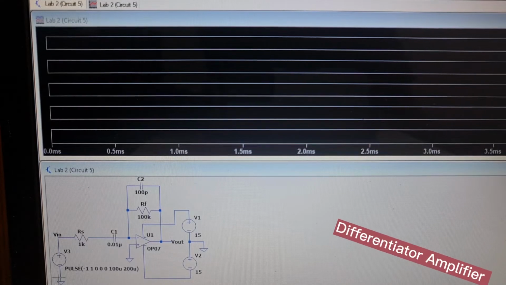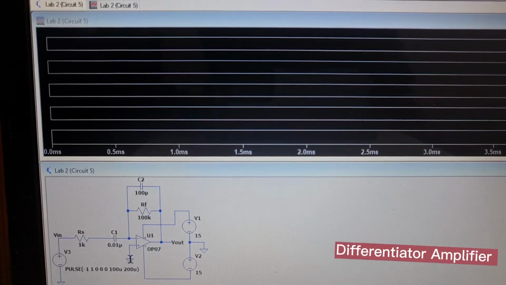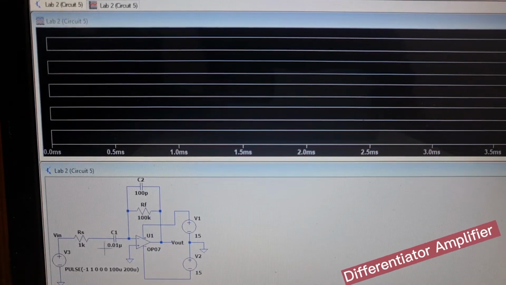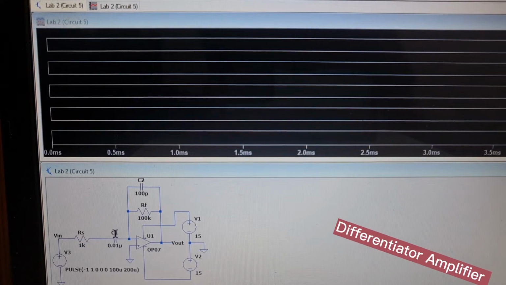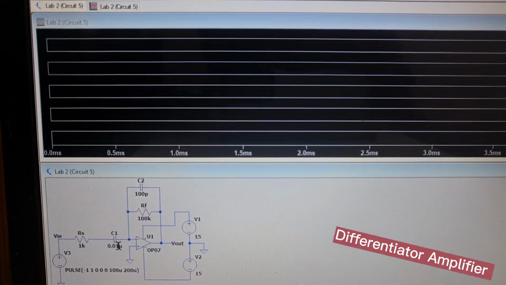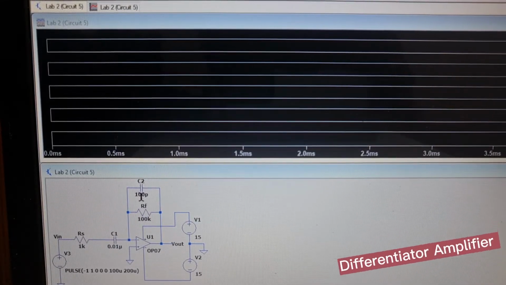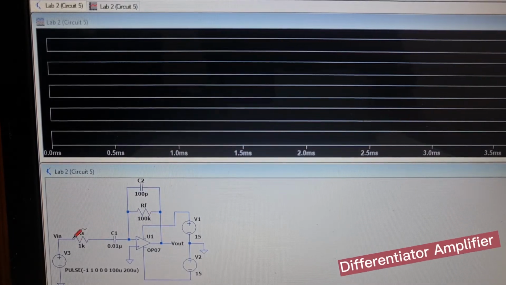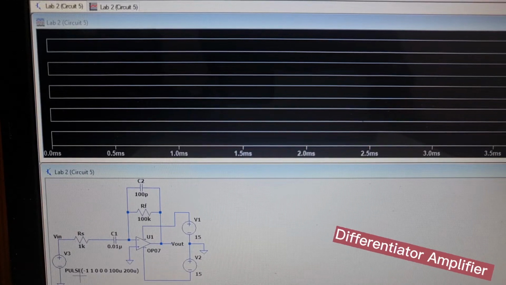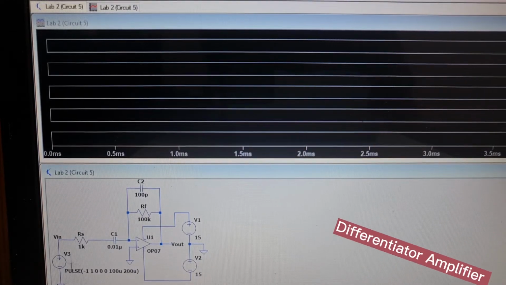This circuit has 3 grounds, ground 1, ground 2, ground 3, and has R1 which has 1 kilo ohms, RF 100 kilo ohms, capacitor 1 0.01 micro, capacitor 2 which has 100 P, and V out is here, V in is here, and for this I've used the command point trend 5M.